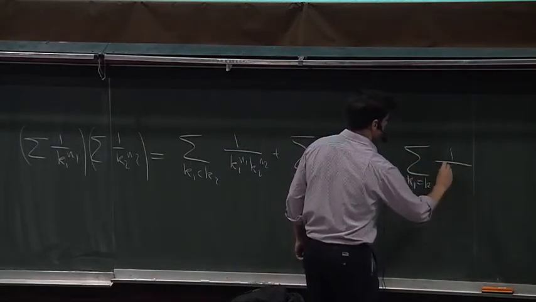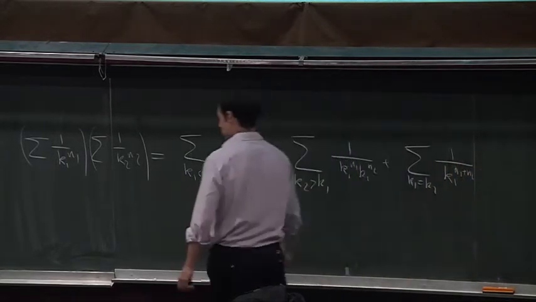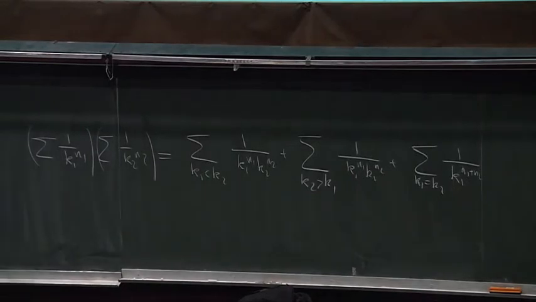You just decompose the domain of summation into 3 pieces, and that precisely gives the 3 terms on the right-hand side.